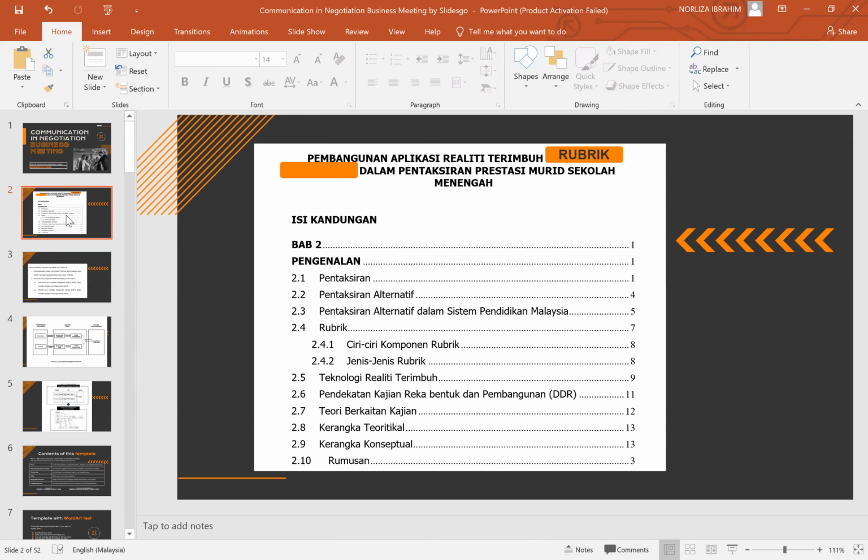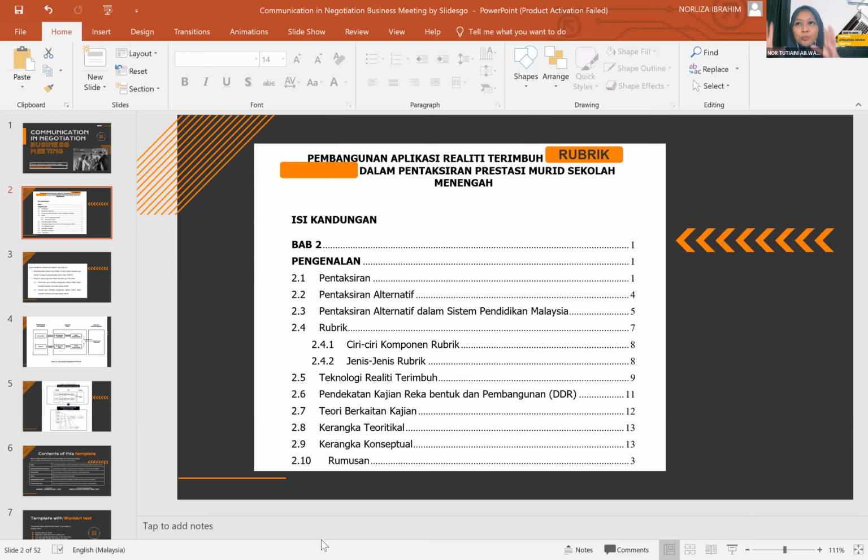Maksudnya sekarang nak develop rubrik kan? Ya, betul. Nak rubrik tapi ada apps dia. So content apps tu refer kepada apa yang supervisor saya dah pernah bagi talk dekat peserta tentang rubrik, jadi saya akan gunakan dalam apps.